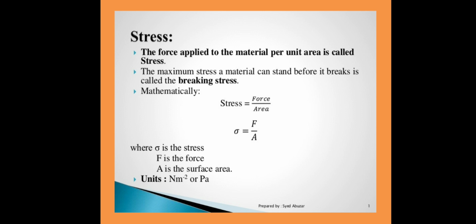Mathematically, stress is equal to force per area, where F is force and A is area. The unit of force is Newton, and the unit of area is meter squared. So the unit of stress is Newton per meter squared, which we can also call Pascal.